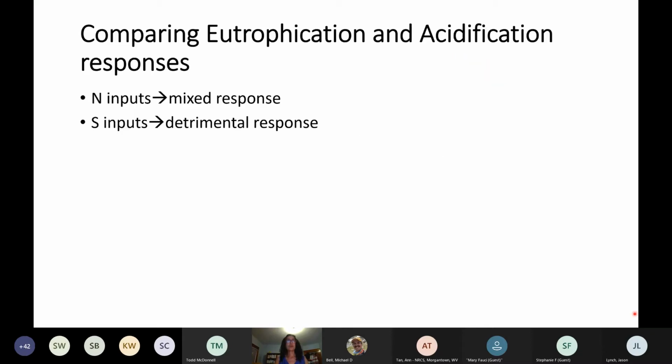Okay. So another question is, how do the eutrophication critical loads or the nutrient nitrogen critical loads compare with the acidification responses? So here you would expect that the nitrogen inputs leads to sort of a mixed response. There's detrimental effects and there are positive effects.